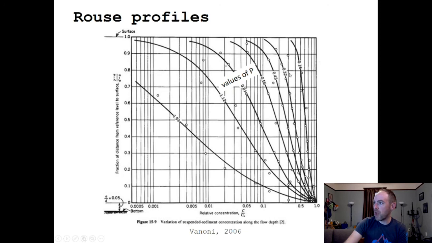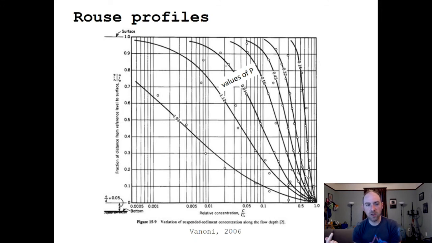And as you lower that Rouse number, you increase the suspension and you increase the uniformity, if you will, of the concentration profile from the bottom to the top, right? It becomes more uniform as you go upwards. And typically a flow is considered sort of fully suspended load dominated at Rouse numbers of around 0.8 to 1 and lower, right?